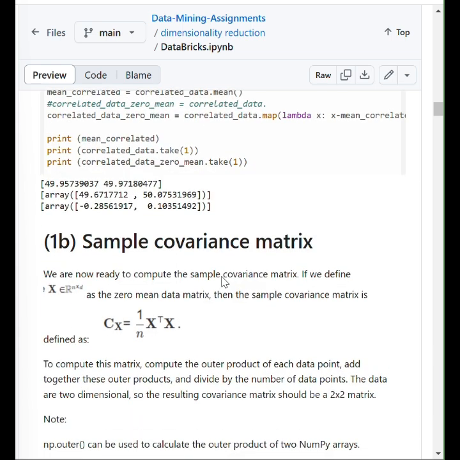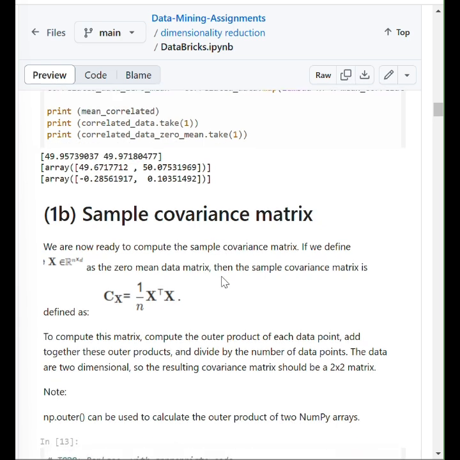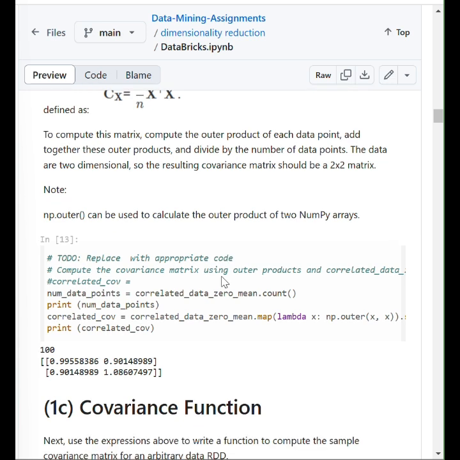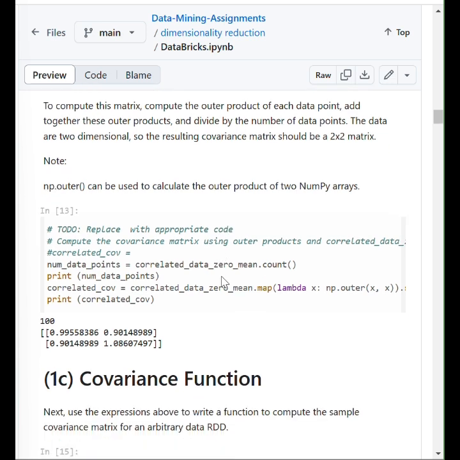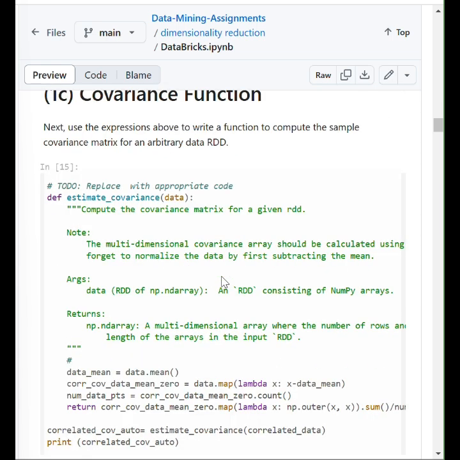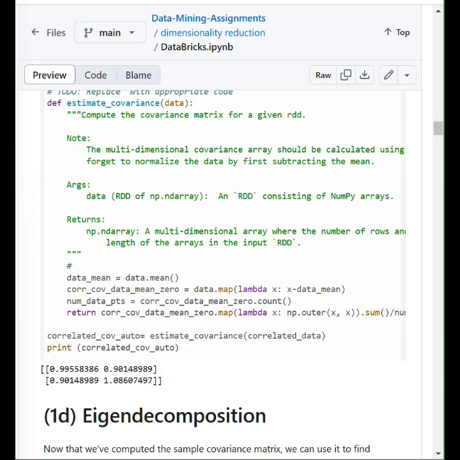Now we compute the sample covariance matrix. To compute this matrix, we compute the outer product of each data point, add together these outer products, and divide by the number of data points. The data are two-dimensional, so the resulting covariance matrix should be a 2 cross 2 matrix.